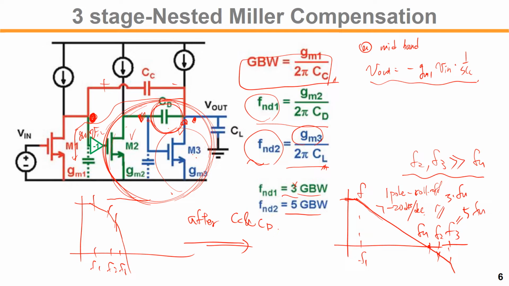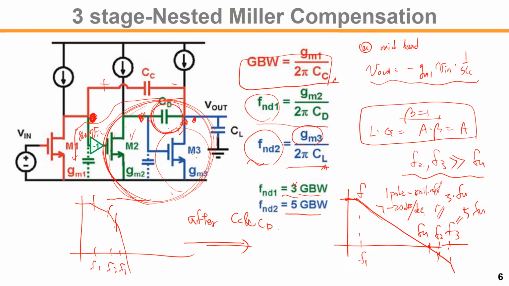Okay. So far our discussion was based on the assumption of beta equal to 1, so the loop gain, A beta, is close to A, right? Because beta equal to 1 is the toughest, the worst case for the phase margin.